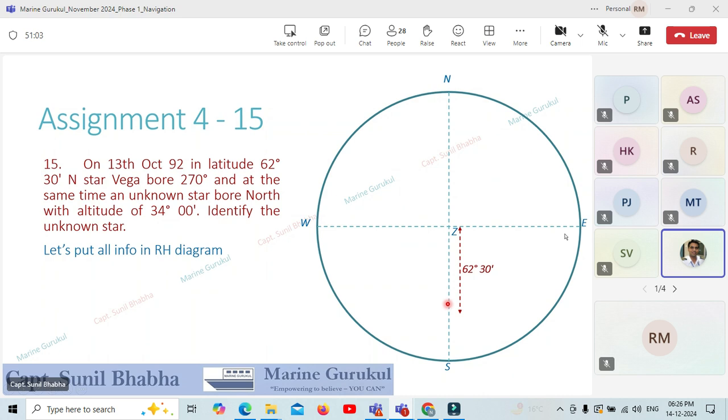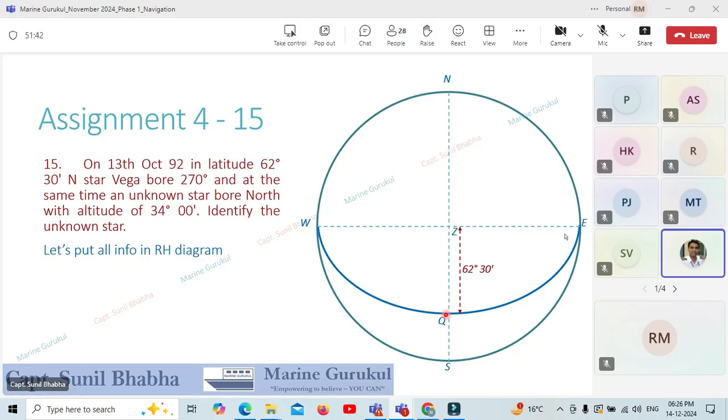So from the zenith I go 62 degrees 30 minutes south, and this is where the equinoctial would pass, and I will have the Q point. So you see the equinoctial is passing from the Q point, and the equinoctial always passes from the east and west points. So this WQE, which we have on our diagram now, represents the equinoctial for this particular observer. Now once the equinoctial is there, we can also show the pole.